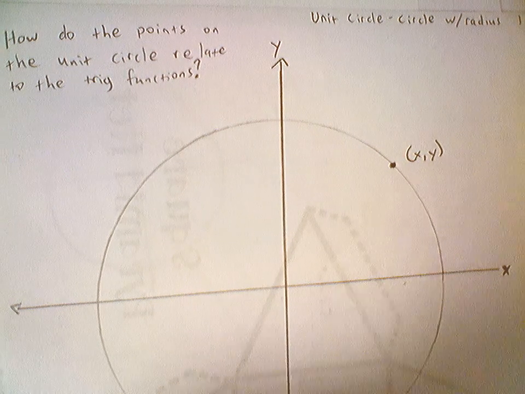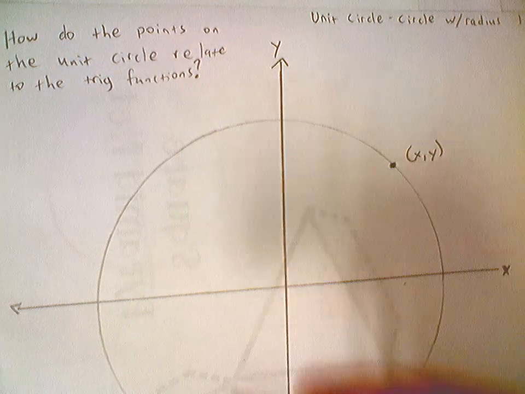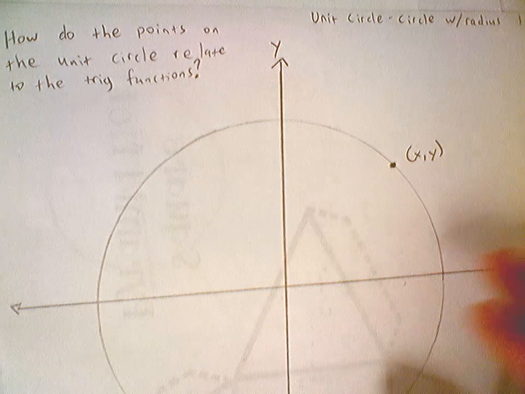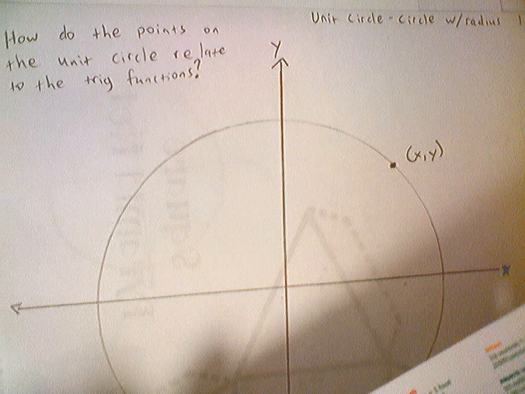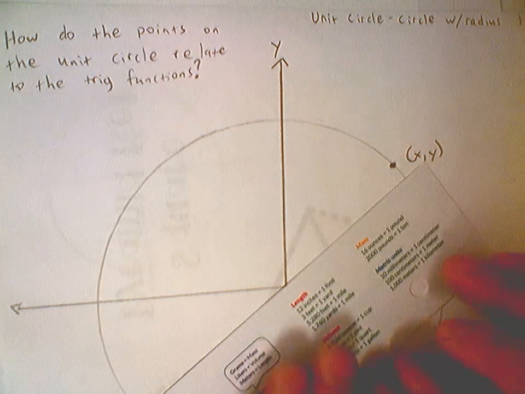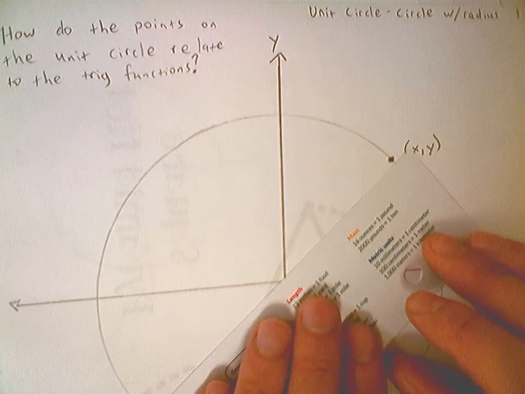What I want to be able to do is relate everything I'm doing on here to the trig definitions that we looked at with the right triangles. So here's what I'm going to do.